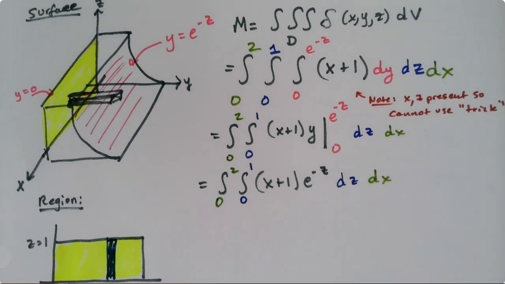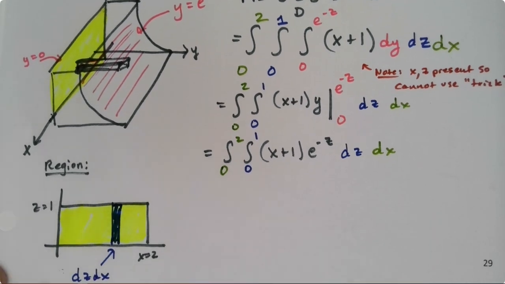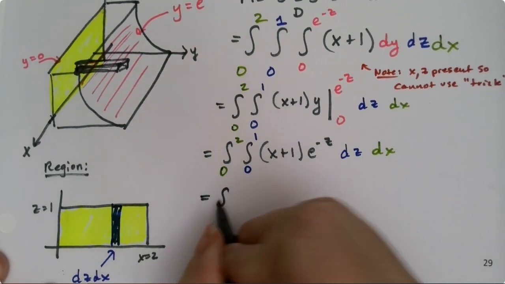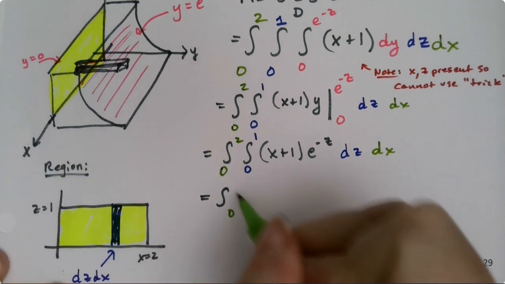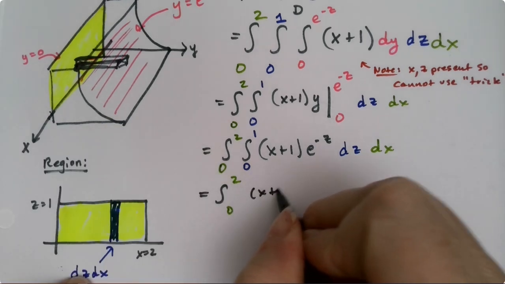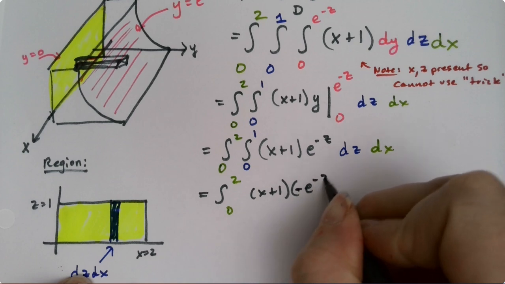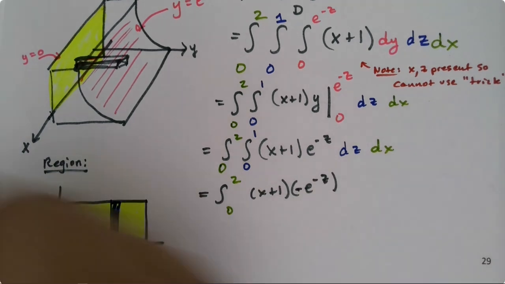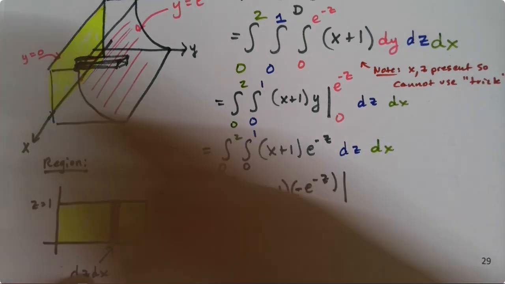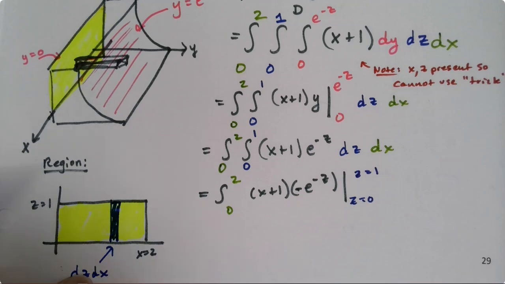Okay. Well, the integral of e to the negative z is just negative e to the negative z. So that's not hard. So this is the integral from 0 to 2, and then x plus 1 times negative e to the negative z, and then we're taking this from z equals 0 to z equals 1, dx.